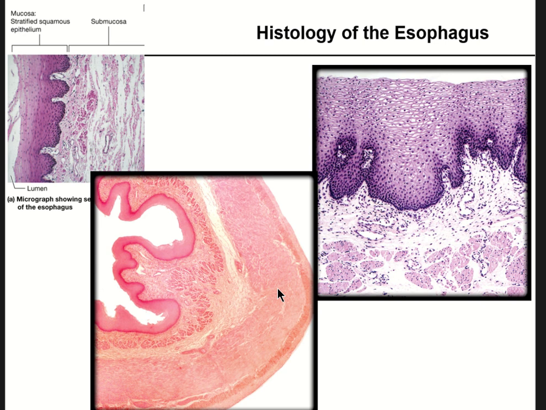And the middle third of your muscularis externa is going to have a mix of both skeletal and smooth muscle. So that's super unique, but it's also really cool if you think about it. Even within this one organ, it can differentiate the types of muscle it has for best fitting that function. And don't forget, because the esophagus is retroperitoneal, we're going to call its outermost covering the adventitia.